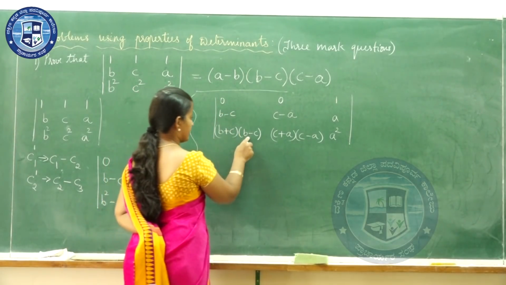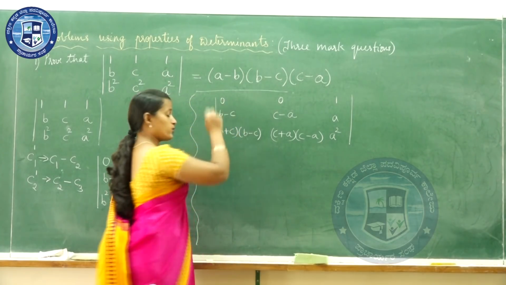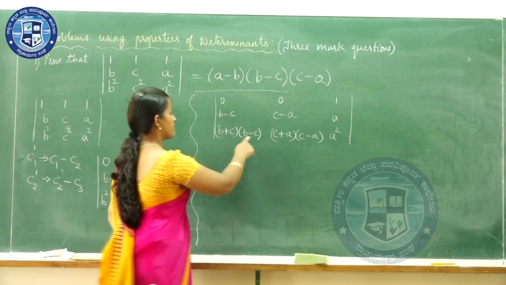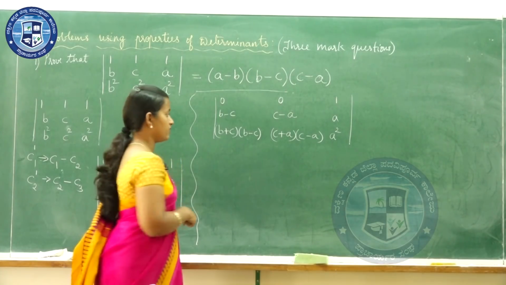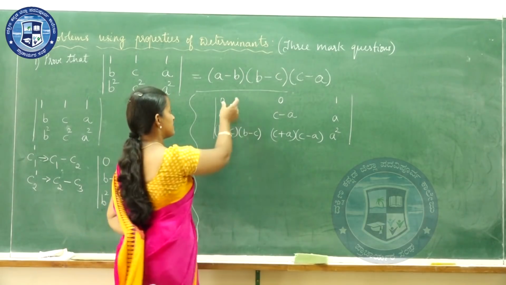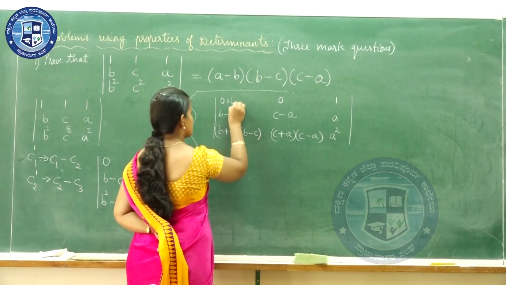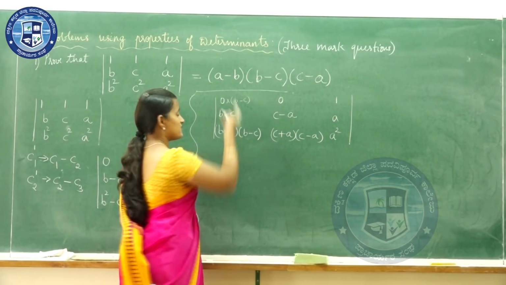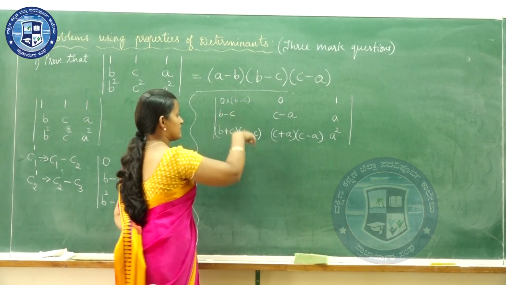You have B minus C, you have B minus C. Whatever is common in the entire row or column, we can bring it outside. Is B minus C present here? Yes, imagine that 0 into B minus C is present. So 0 into B minus C is 0 itself. So B minus C is present in all these three terms.